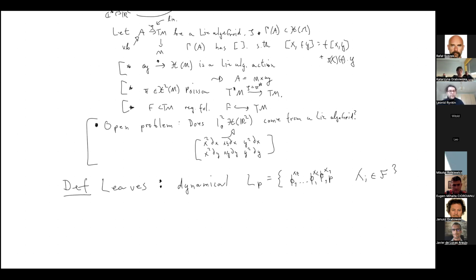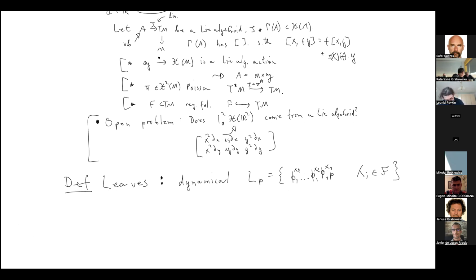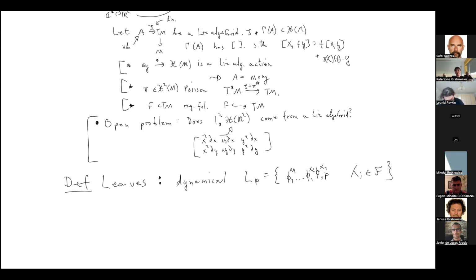And the other one is somehow purely infinitesimal or geometrical. It is submanifolds such that their tangent spaces are exactly the directions of the foliation.